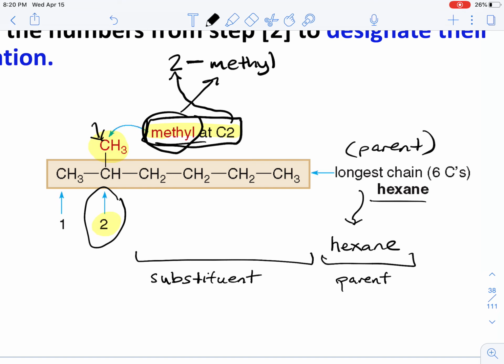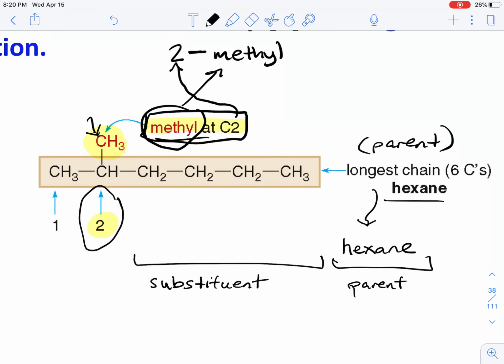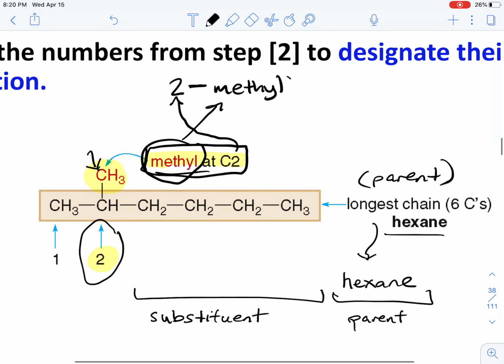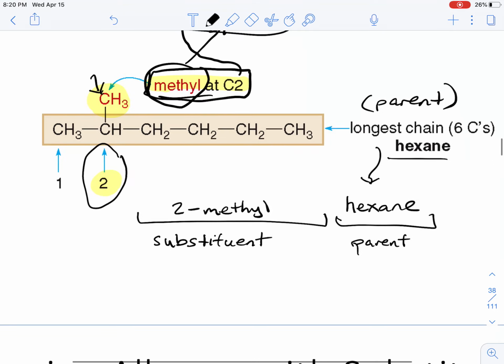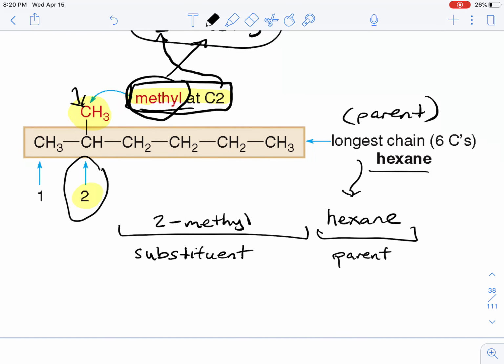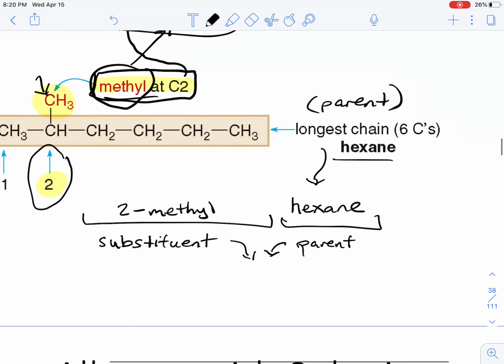And so to finish up the name, we're going to take this and put it right here. So 2-methyl hexane. Now that we have the pieces, we're going to put them together, both the substituent and the parent. When you have letters followed by other letters, you don't really need to put commas or dashes.